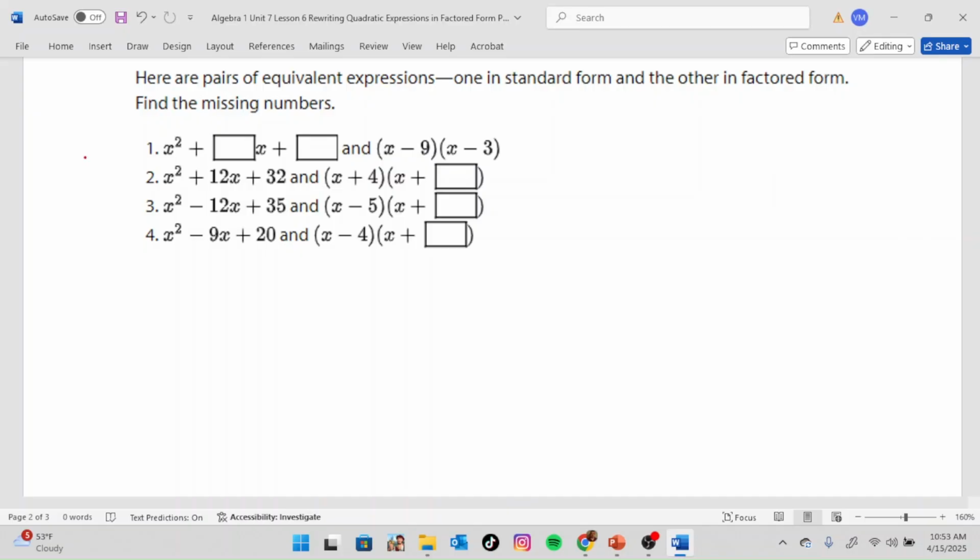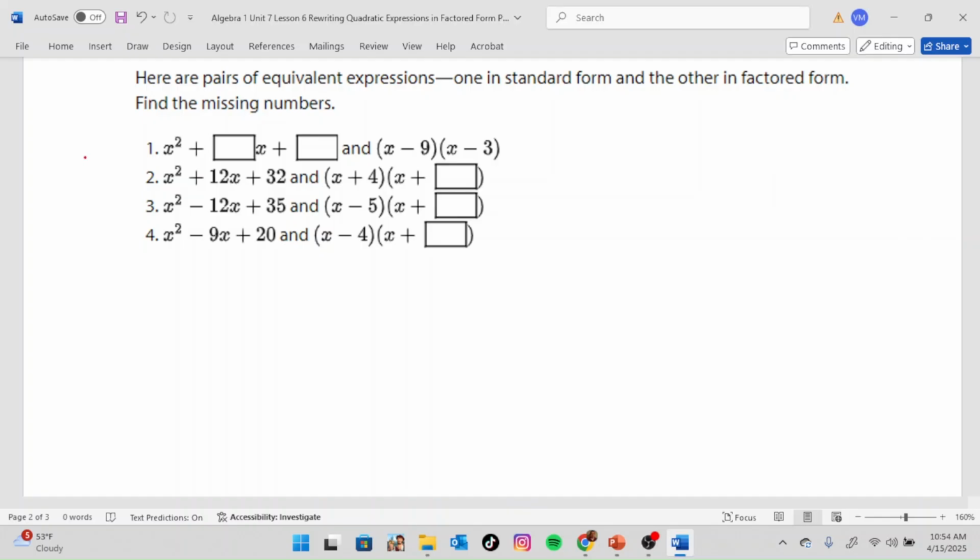In number 2, 3, and 4, what you'll notice is that they have given us the complete standard form on the left, and on the right, we're just missing that last constant term in the factored form.